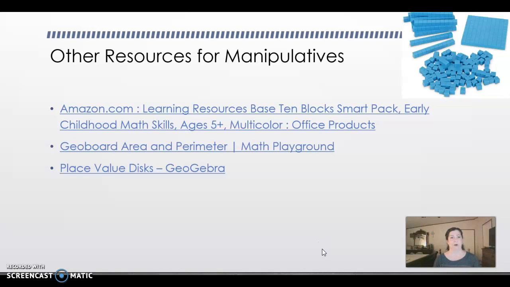I did find some other great manipulatives. Here are the blocks and cubes, which I found on Amazon. Amazon has a lot of great stuff. Then I found the geoboard for area and perimeter on Math Playground, and then the place value disc on GeoGebra, if I'm saying that correctly.